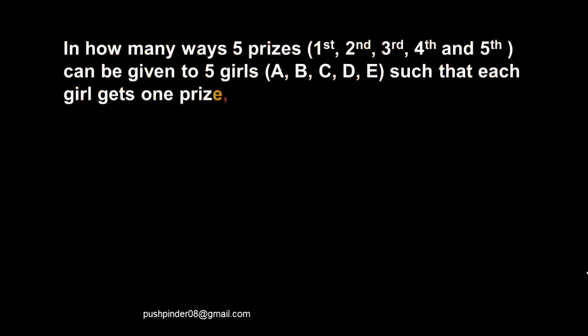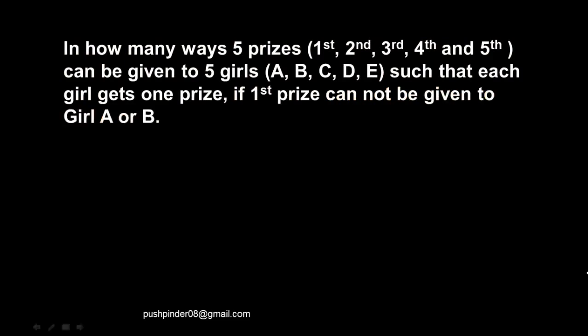In how many ways can 5 prizes be given to 5 girls such that each girl gets 1 prize, and the first prize cannot be given to girl A or B? I hope everyone is understanding this question. This question is pretty simple. As Preeti asked, what if there are conditions in the question, and I answered that you have to satisfy the conditions first and then go about with the question.